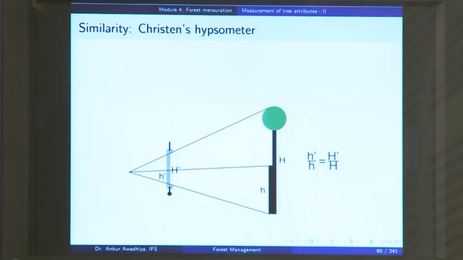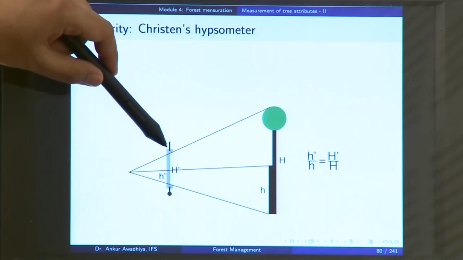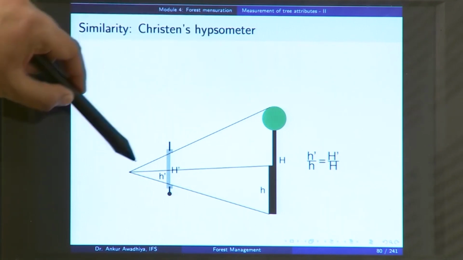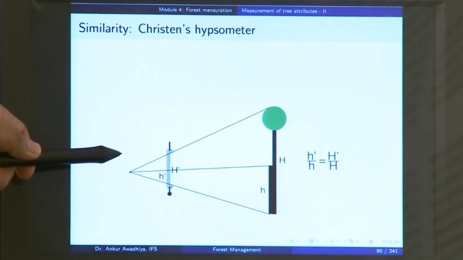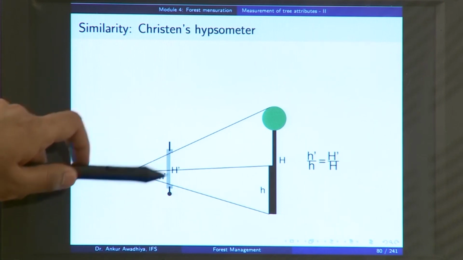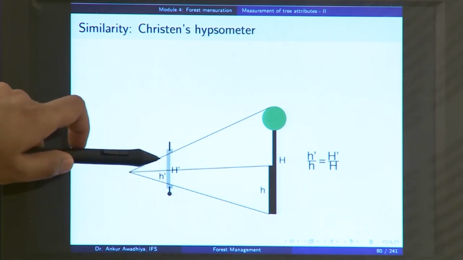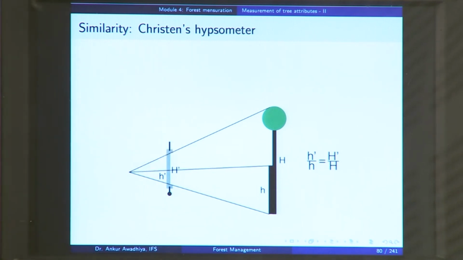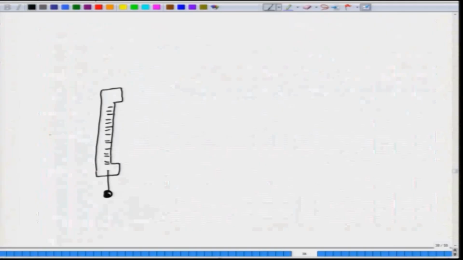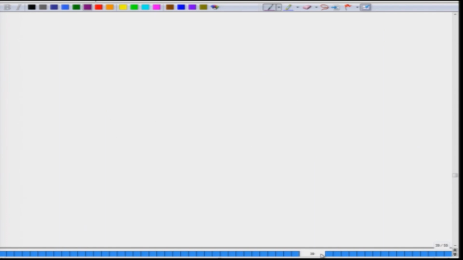Now, what is happening in that case is that here is your eye level, the top of the hypsometer and the top of the tree are in the same line, the bottom of the hypsometer and the base of the tree are in the same line, and you look at the top of the rod and you try to figure out what is the reading that you are getting from the hypsometer. So, in this case you will find out, say the reading is this much. So, next you can make use of the principles of similar triangles.